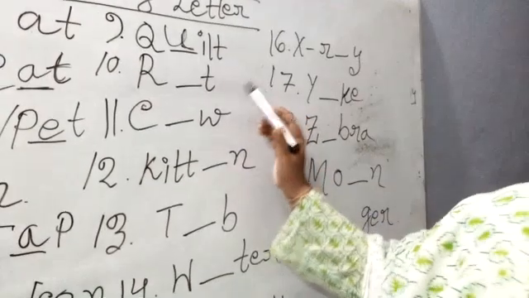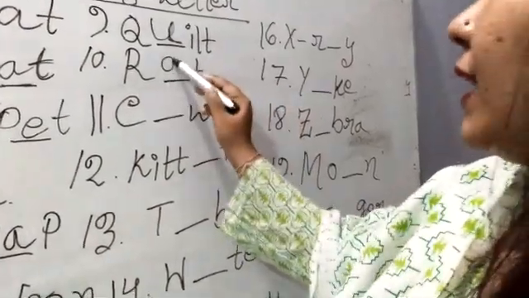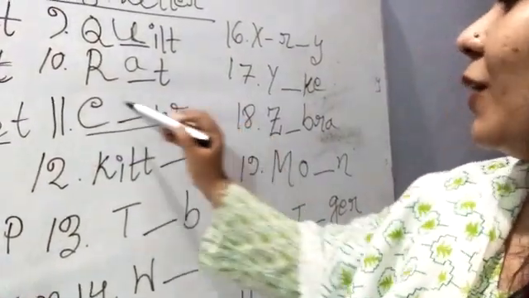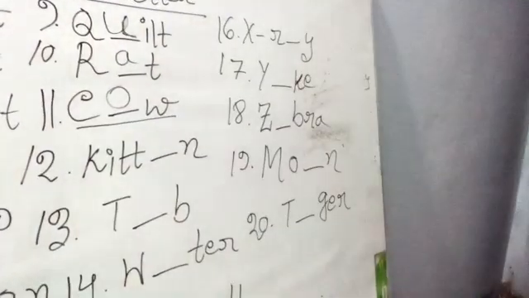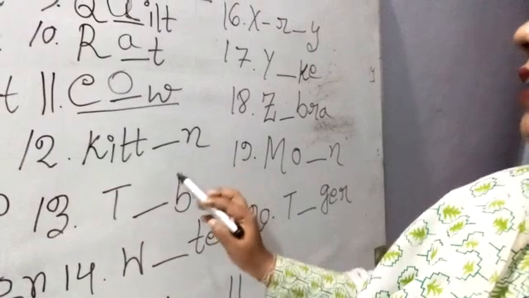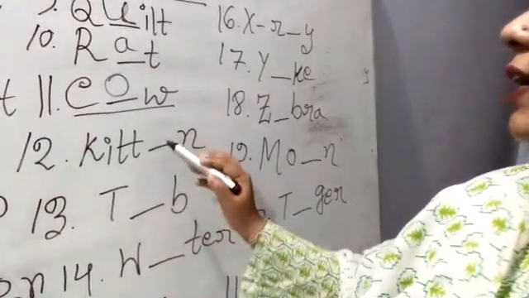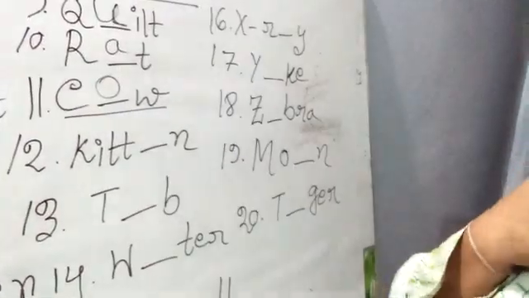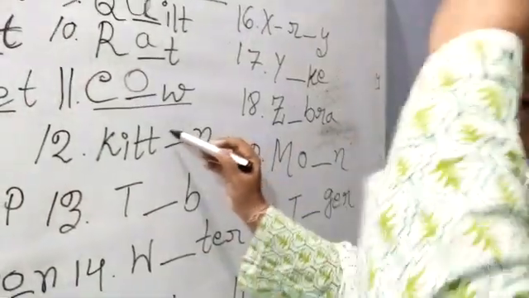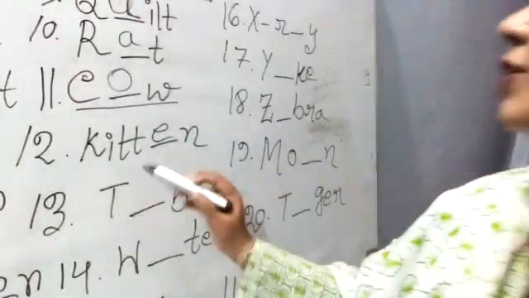Then R dash T, if I put A, it becomes the name of an animal, that is rat. Then C dash W, it's the most familiar one, and it is cow. You don't need any clue. Then K I T T dash N, if I put O, no, it doesn't make any sense, it doesn't exist. If I put U, no, but if I put E, it becomes kitten.